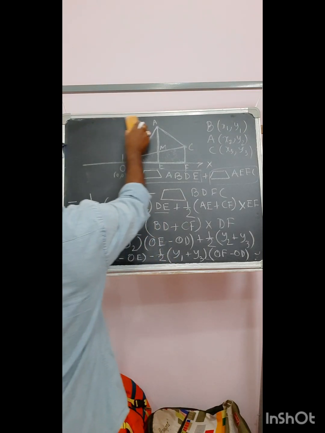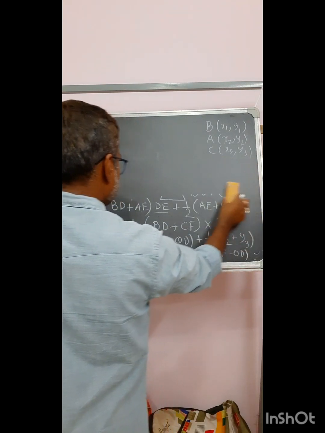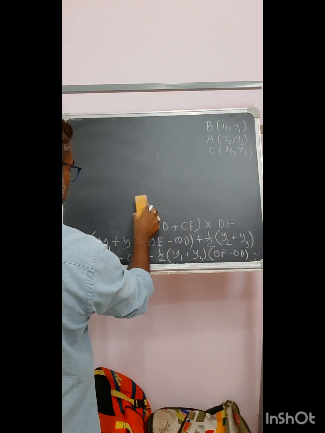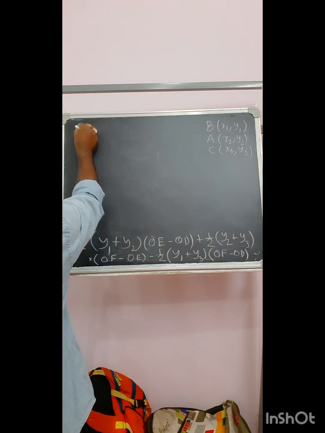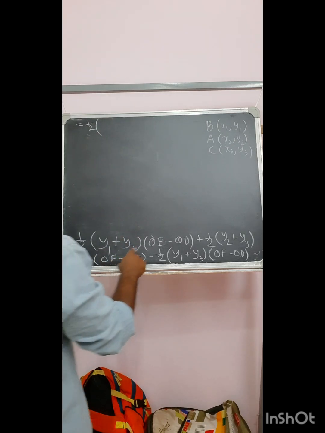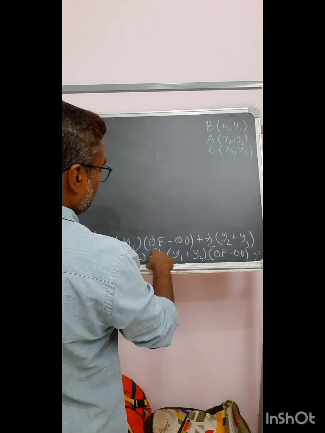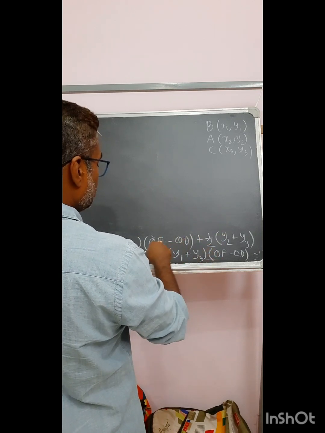Now I'll rub the remaining part, keeping only the essential part here, because we have already seen the initial progression. Now I will again write half into OE.